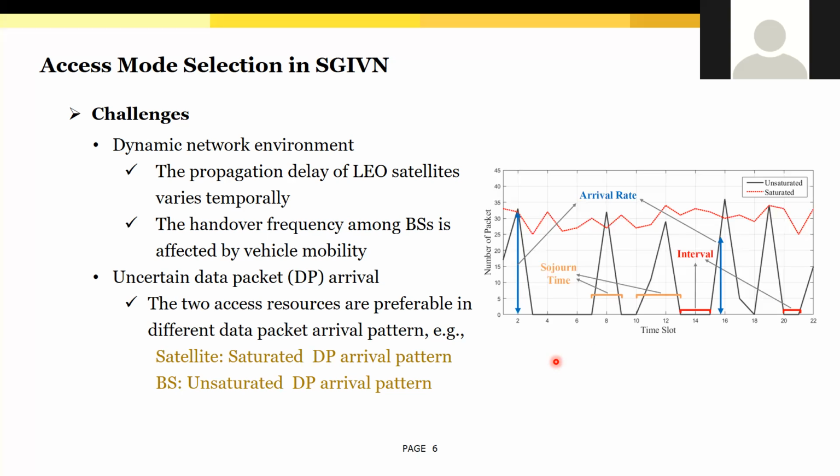Different access modes should be selected in the SGIVN for cases with different data packet arrival patterns. For instance, satellite transmission may be undesirable in unsaturated data packet arrival cases due to the long propagation delay, but it may be preferable in saturated data packet arrival cases due to the fewer handovers compared with base station transmission.